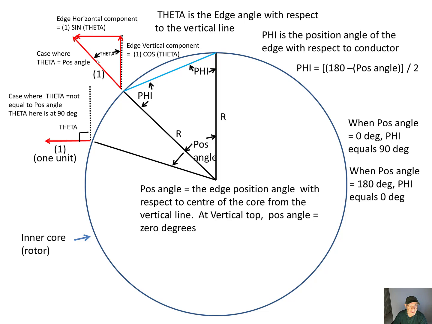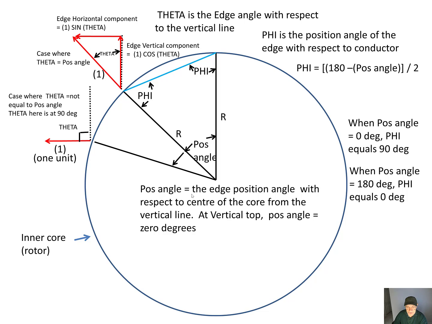We can resolve any edge into two components, a horizontal component and a vertical component. The vertical component is cos theta, and the horizontal component is sine theta. Now this is a case where I've shown theta is not equal to the position angle, but here theta is at 90 degrees. Again, with reference to the vertical, which is this vertical here, and it's 1 unit.